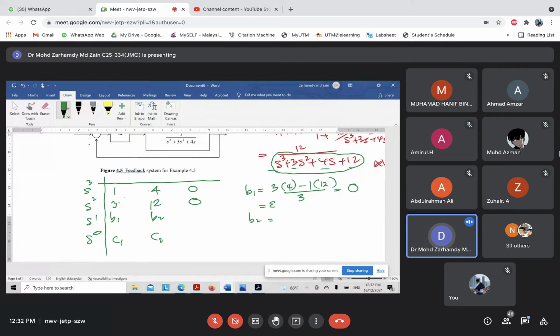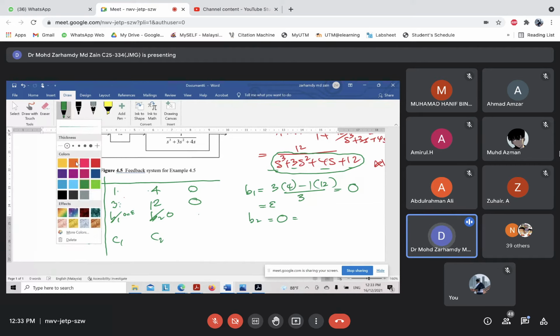B2 is B1 multiplied by 0 minus 3 multiplied by 0, minus 1 multiplied by 0, over 3. So it is 0, nothing. It's the same, so it's okay. This is empty, but we try to put epsilon. Never mind. Okay, now we are looking for C1.